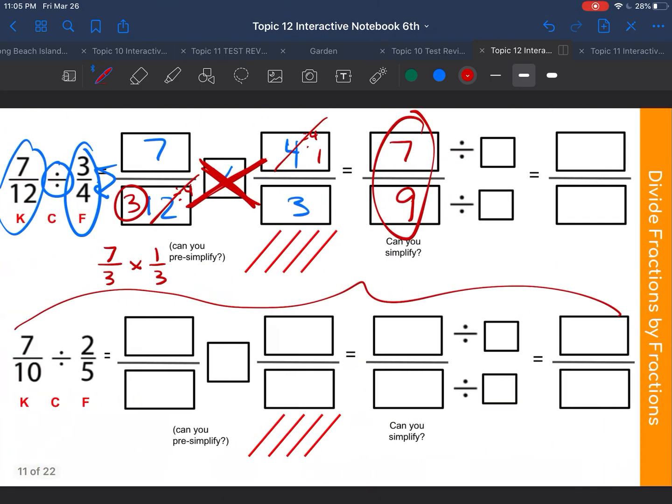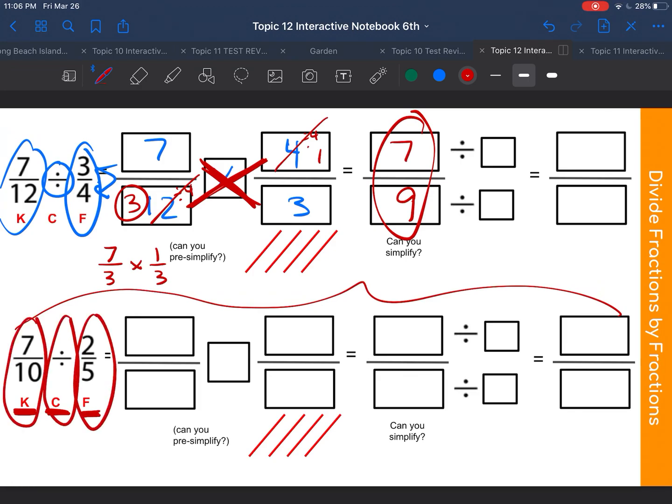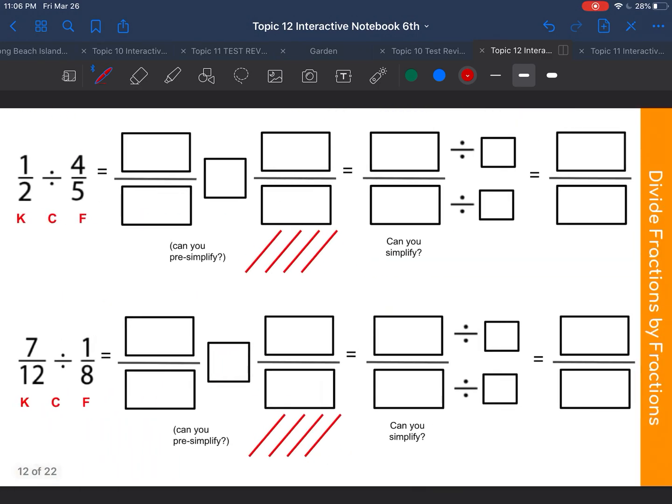But the biggest thing I need to clarify is to make sure that you are always keeping the first factor, the dividend, changing the division to multiplication, and flipping. So don't forget to always keep, change, and flip. That's the process you have to always remember to do, because if you don't, then your problem is incorrect. So give those 3 problems a try in your notes for your homework.